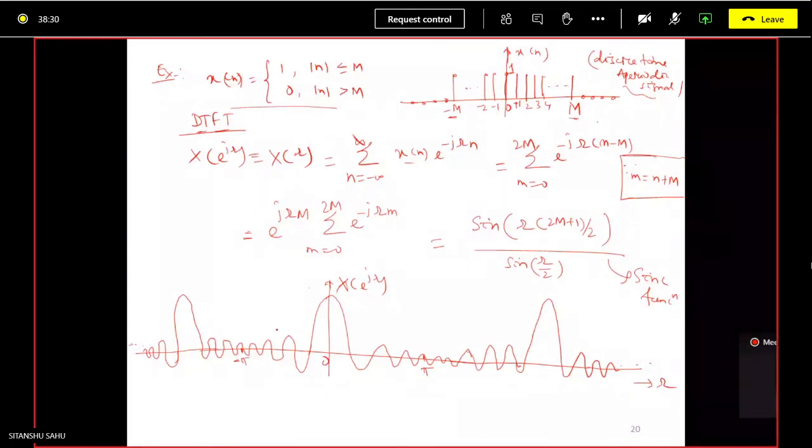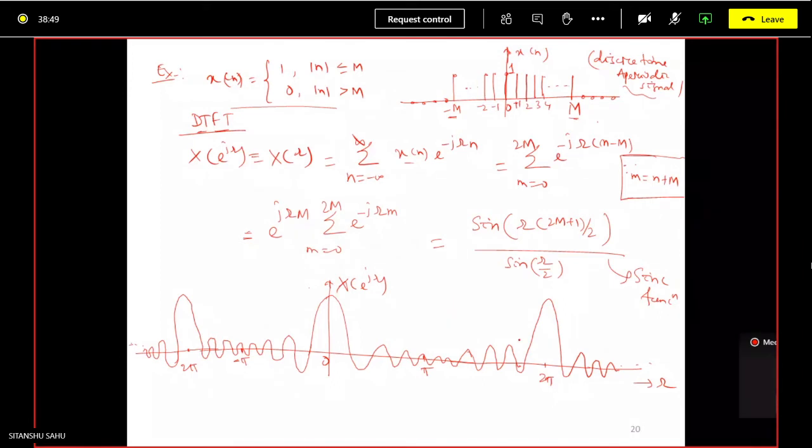Now you see the function is getting repeated across 0 to 2 pi. This will be 2 pi, this will be minus 2 pi. If you see 0 to 2 pi, the same thing is getting repeated, just like what we discussed in the DTFT.